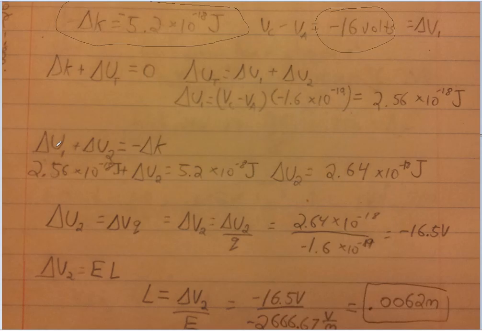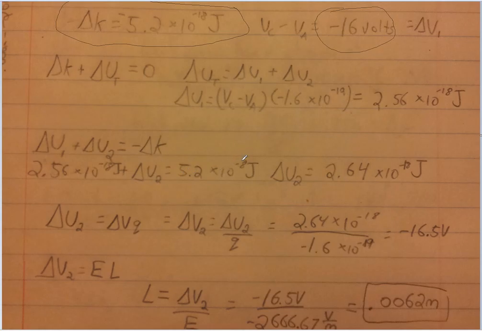And we can set the total change of potential energy equal to the negative change in kinetic energy. The total potential energy, the potential energy of area 1 plus area 2, equals the negative change in kinetic energy. So we plug everything in here, and we subtract 2.56 times 10 to the negative 18th joules from 5.2 times 10 to the negative 18.